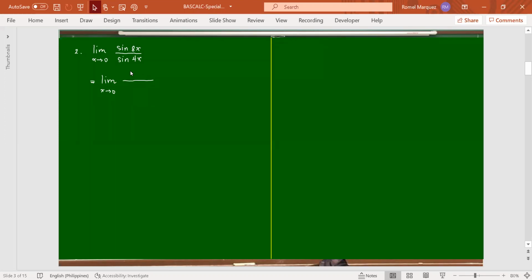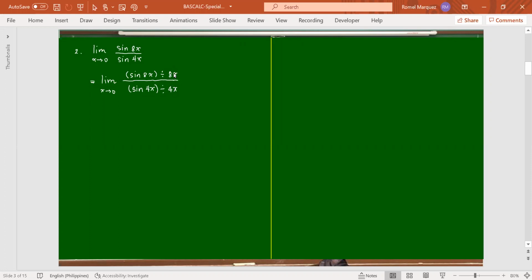What will be our divisor? Sophia? Divided by... this, so that the arguments become the same. 8x. Okay? In the denominator, what do we divide by? Divide by 4x.